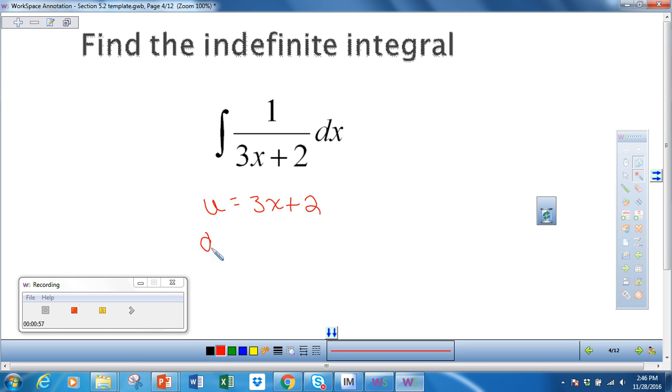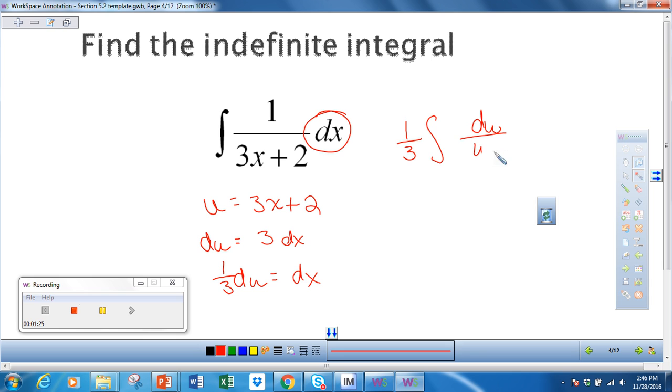then remember we have to make sure that du is in our problem, and du would equal 3 dx. Well, I have dx, I don't have 3 dx, but I can divide through by 3 and get 1/3 du is equal to dx. So rewriting my integral, I get 1/3, because I'm pulling out the 1/3, and I'm replacing dx with 1/3 du over u.